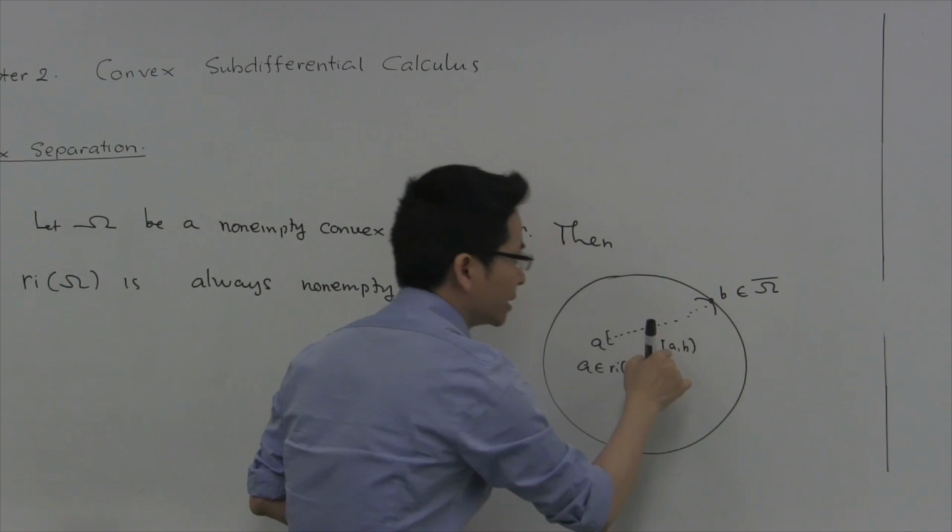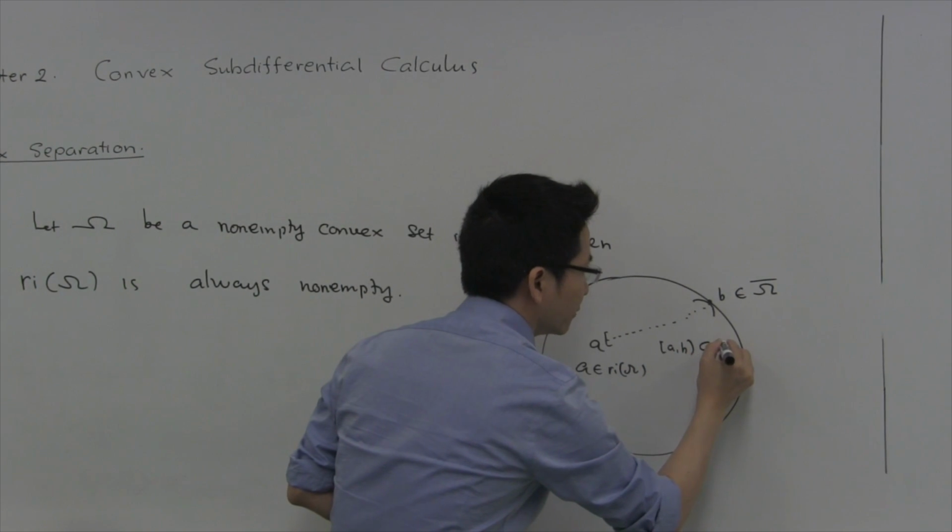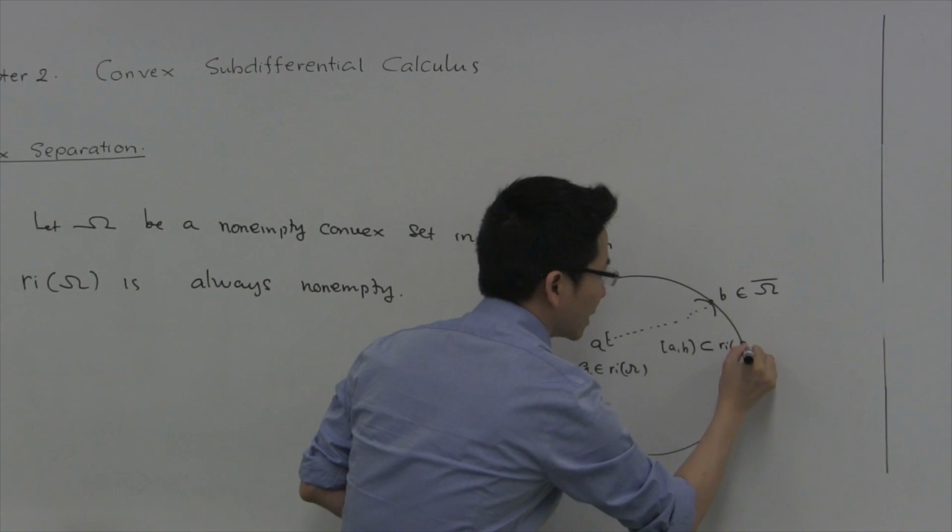So the half open interval connecting A and B is a subset of ri omega.